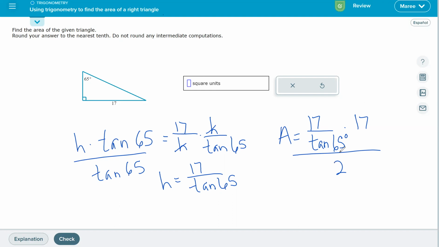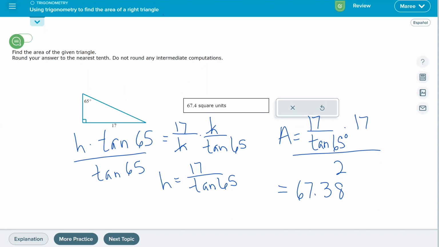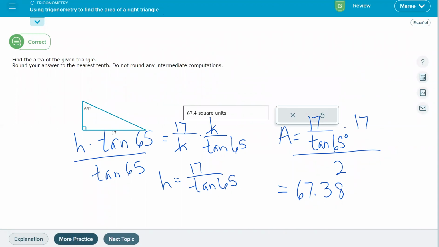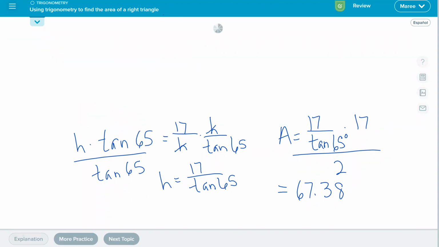And we'll see if typing it all in this way gives me the correct answer. So we'll round to the nearest tenth, 67.4. There we go. So we could type it all in that way.